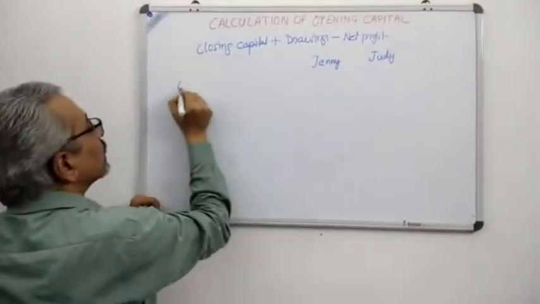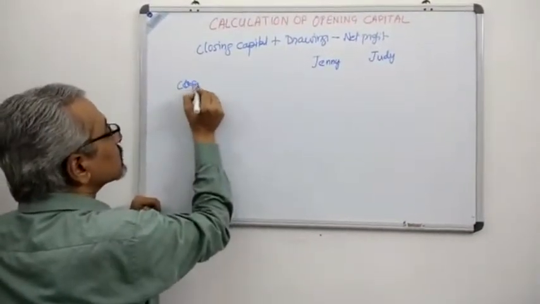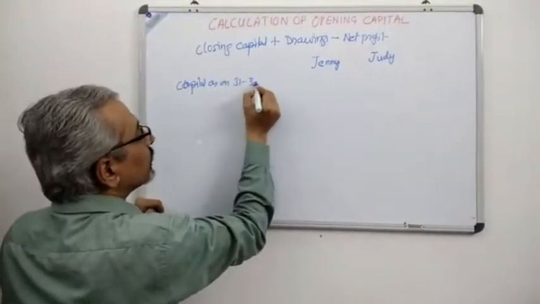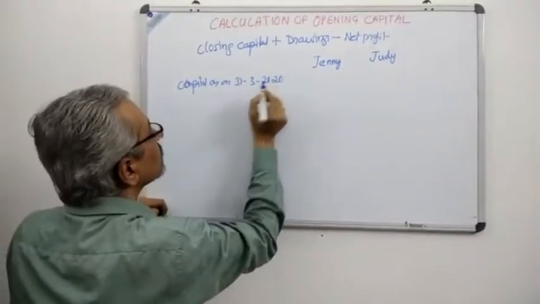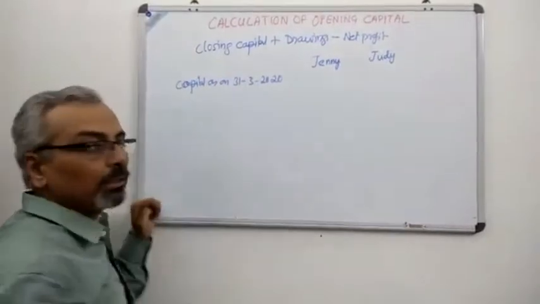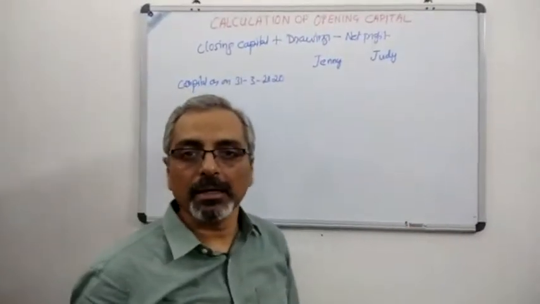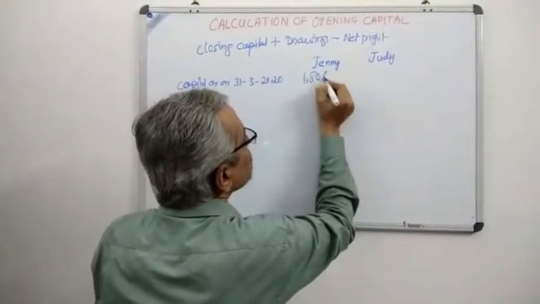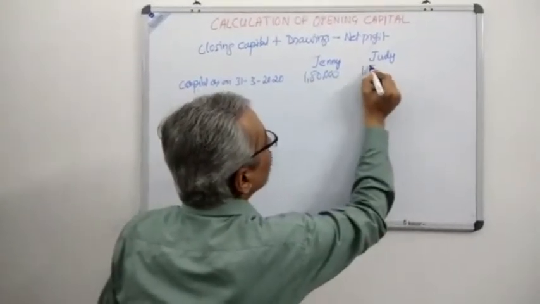And their capital as on 31st March 2020, which is obviously the closing capital, was given as 1,80,000 and 1,50,000.